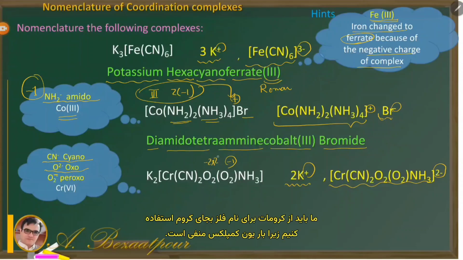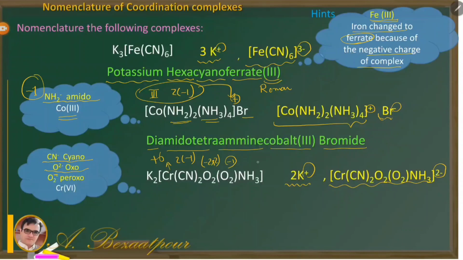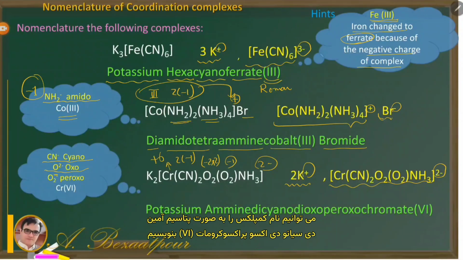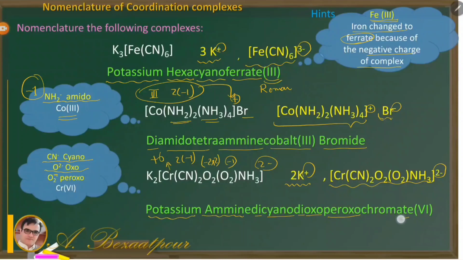And so we must use chromate for the metal name because of the negative charge of the complex. Then, considering the alphabetical order, we can write the name as potassium ammine dicyano dioxo peroxochromate(VI).